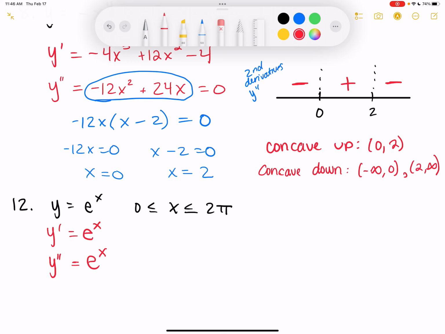Is there any way for this to be negative? No. So what does that mean? It's got to be concave what? If it's always positive, concave up. So y double prime is always positive. Obviously y prime is as well. So since that's always positive, it's got to be concave up.